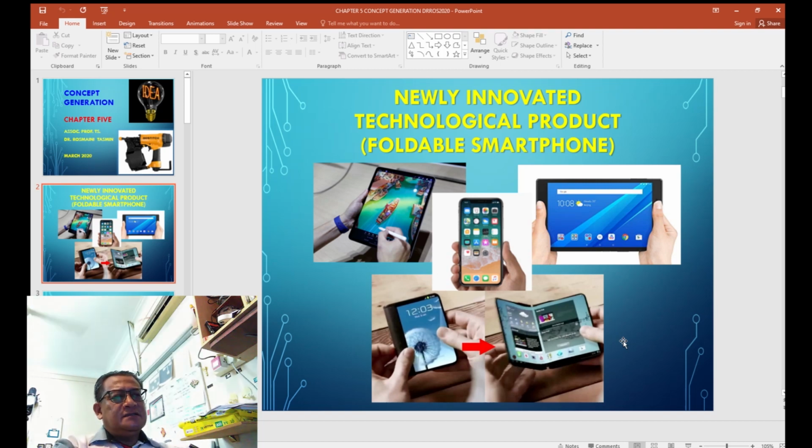However, after about 12 or 15 years, suddenly users think that this kind of size is rather small. So they need a bigger size, about double this 5-inch diagonal. So in recent years, the new concept of smartphone called the foldable smartphone is being introduced.